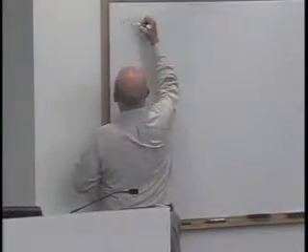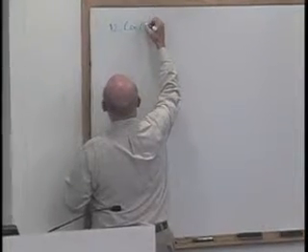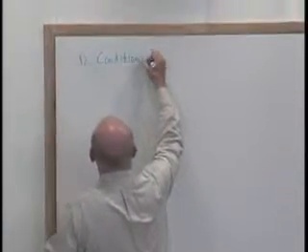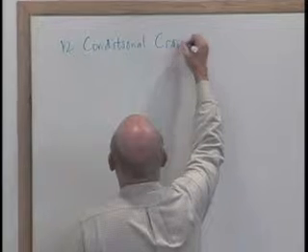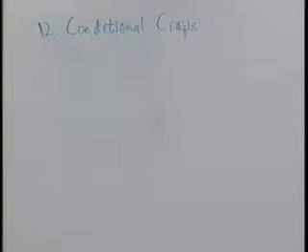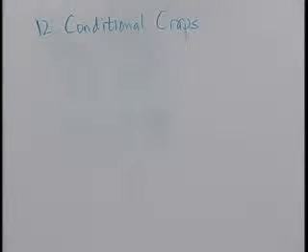Okay, I'm now going to start with topic 12 on outline 4. And this is called Conditional Craps. This is the quickest analysis I know of the probability of making a point in craps.